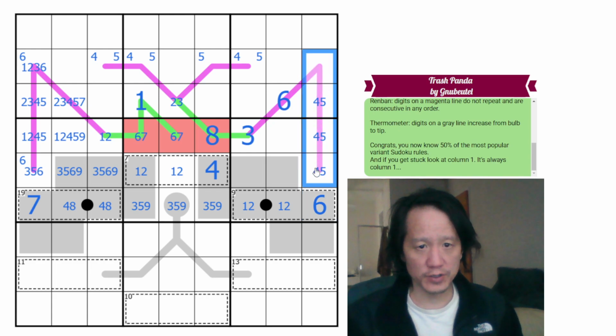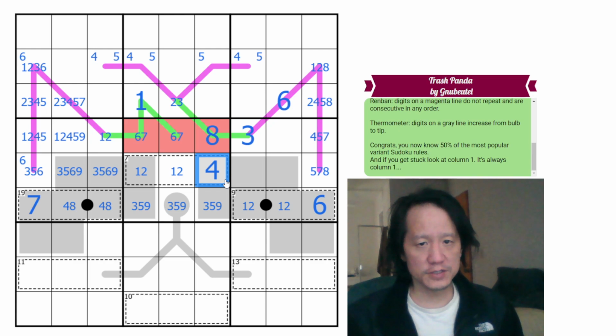It can also be 1 or 2, but if it's 1 or 2, it has to be 1 here and 2 here. It could be 2 and 7, though, so the 7 could be here, and the 2 could be here. Or it could be 3 through 8. So this can't be 8, but any of these could be 8, and this one could be 8. Again, this can't be 4 because of this 4.